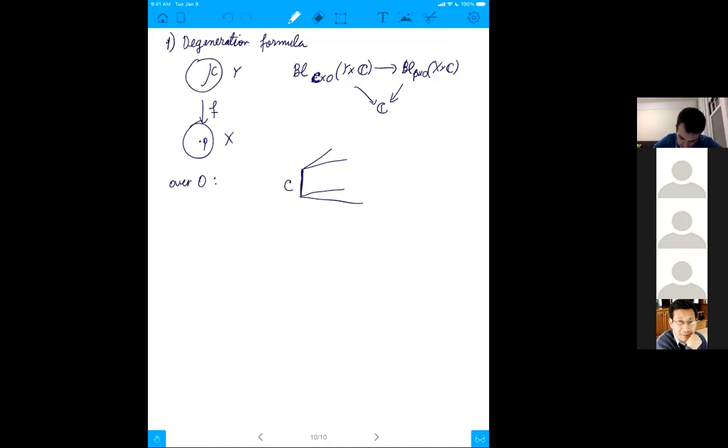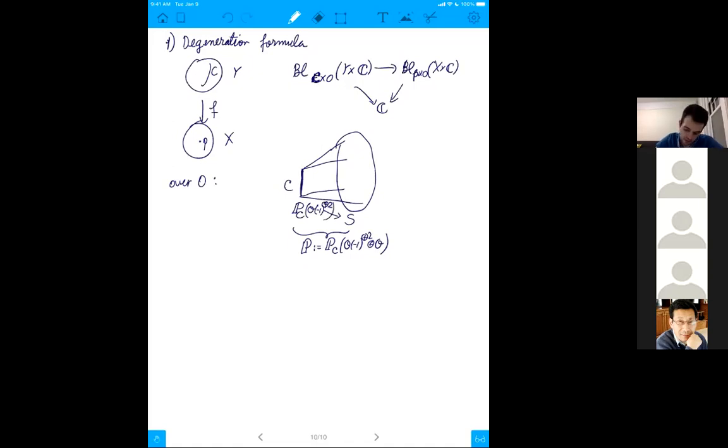This is C. This is sort of a picture of the normal cone. And here I add S. So maybe all this will be P, which is by definition the projectivization of O(-1) plus O(-1) plus O. And then this S is the divisor at infinity, so it's O(-1) plus O(-1).